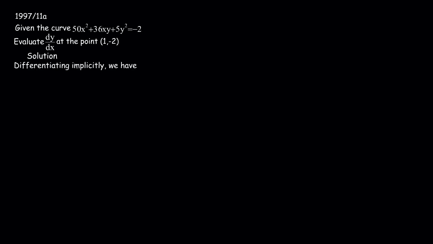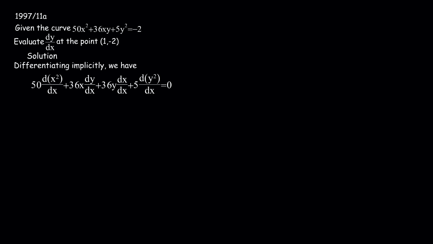Our next question states that given the curve 50s squared plus 36sy plus 5y squared is equals to minus 2, evaluate dy over ds at the points 1 and minus 2. Differentiating implicitly, we are going to be differentiating each of the individual components. 50s squared becomes 50 d s squared over ds, plus 36sy will be done twice.